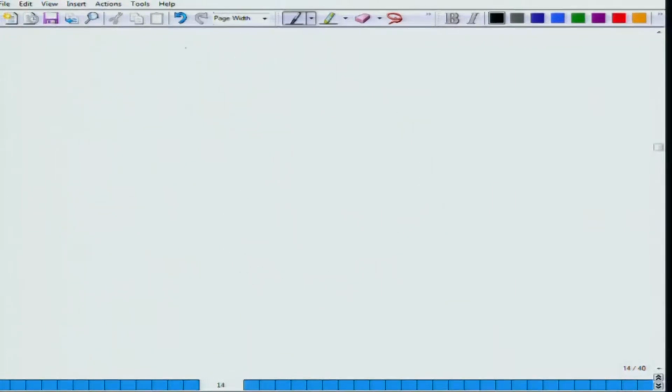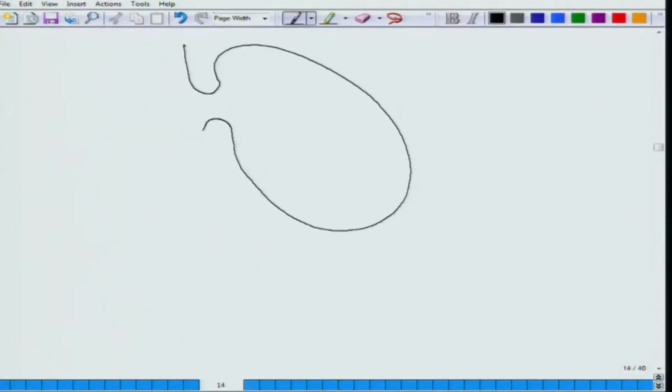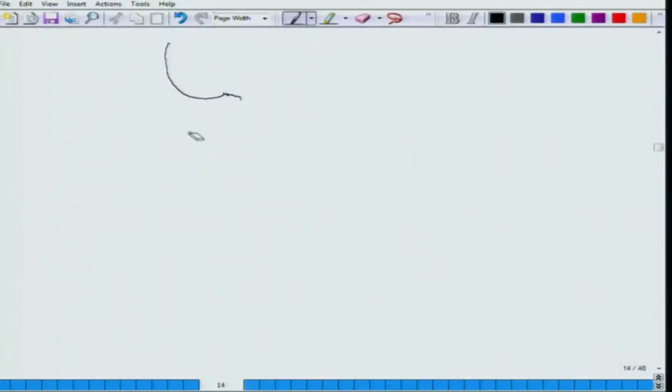One second, let me just redraw it. Something like where the food moves through the whole path. No, wait, this is the wrong way to put it. Okay, let me redraw it.